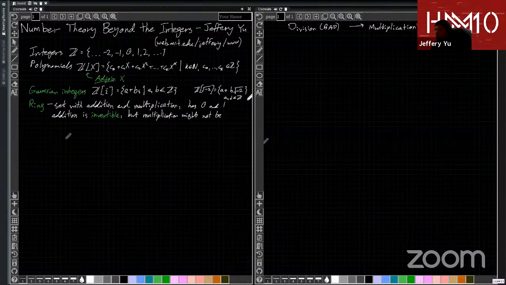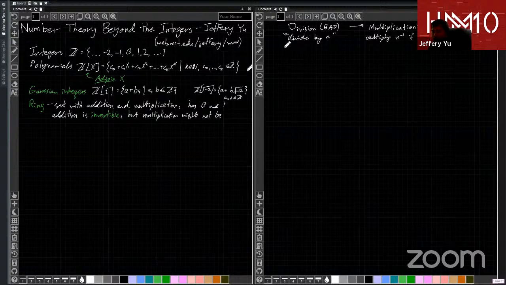But we want to translate what we think about as statements of division into statements of multiplication. So for example, when we say we want to divide by n, this is dangerous because we can't always do this. So the correct thing to say is we're going to multiply by the inverse of n if it exists. Right? And the "if it exists" is important because it doesn't always exist.